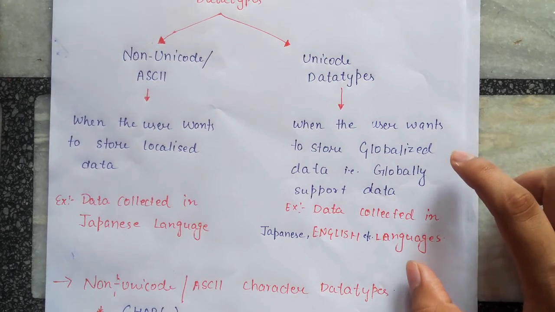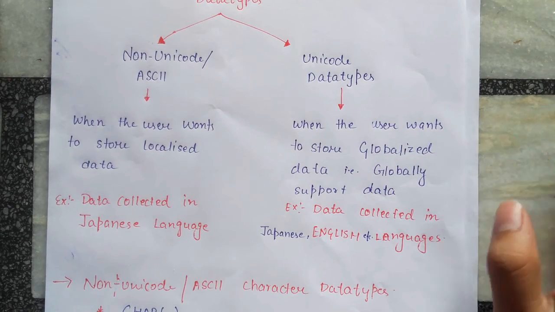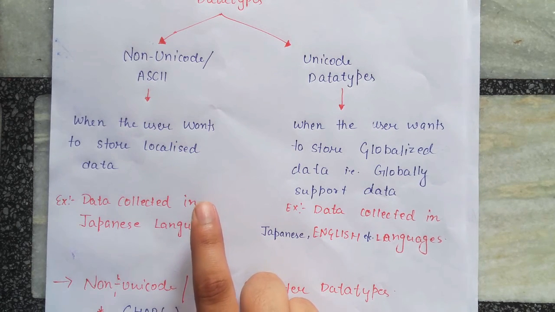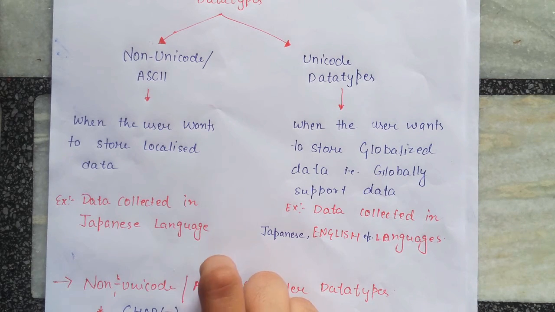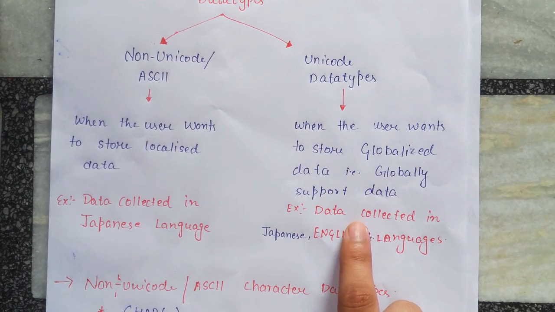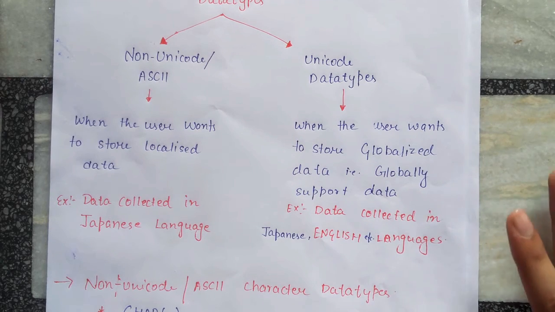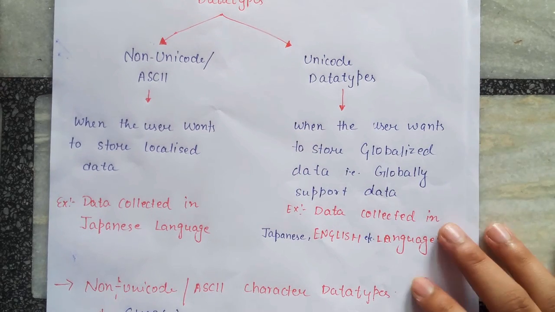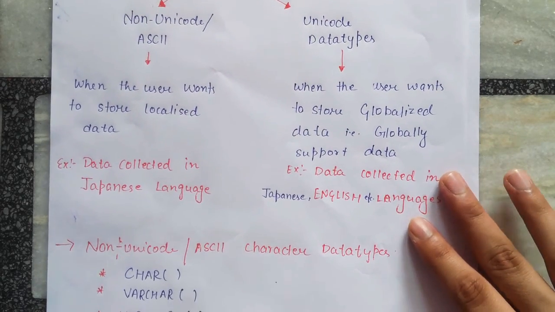In one column we can store values of different languages. But with non-Unicode, if we create a column and the first value in that column is English, all other values must be in English as well. In Unicode it's not like that; we can store a value in any language in the specified column. So this is the basic difference between these two.